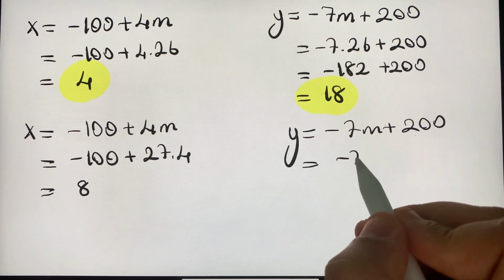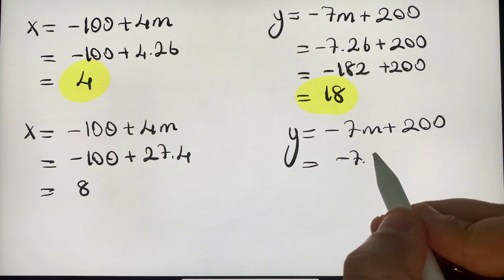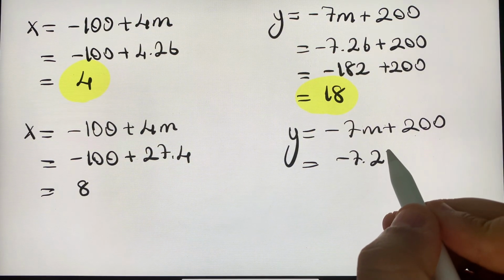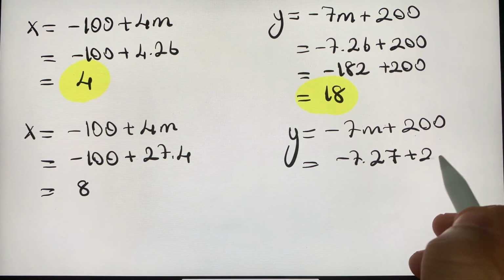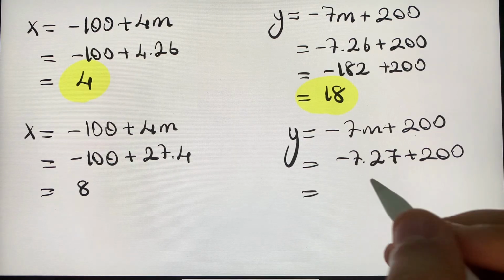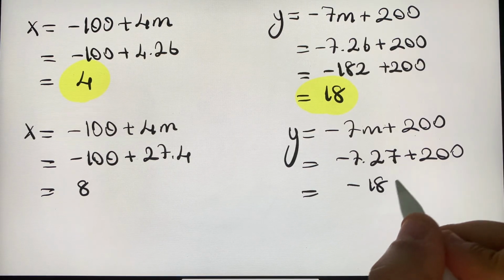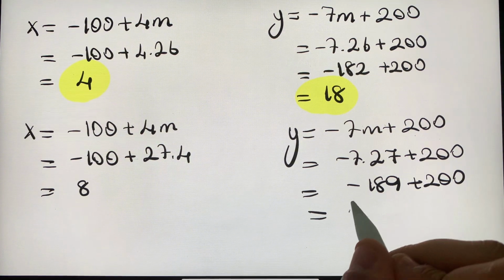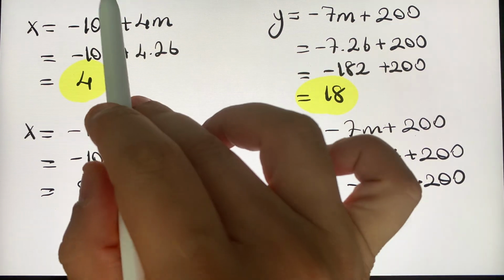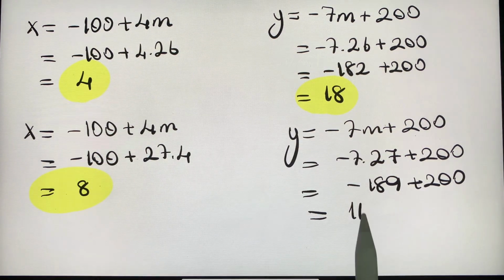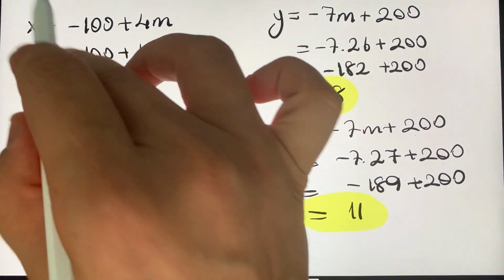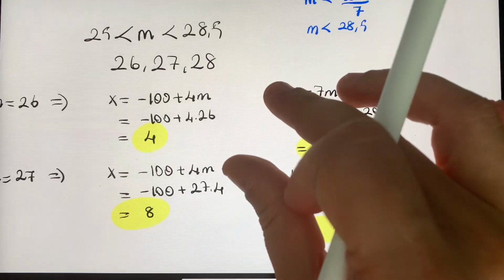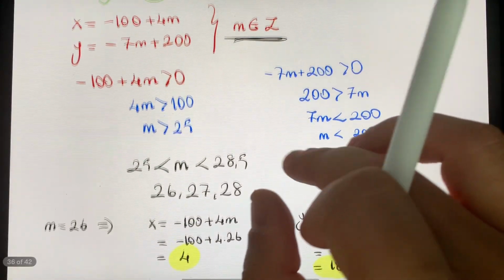Here is where we see m again. I'm writing 27, plus 200. Negative 189 plus 200 came. What is the value of y from here? 11. Let's mark again.